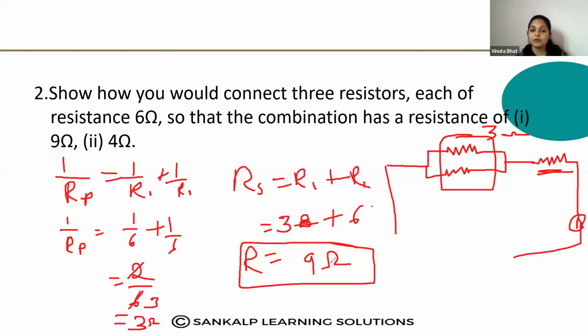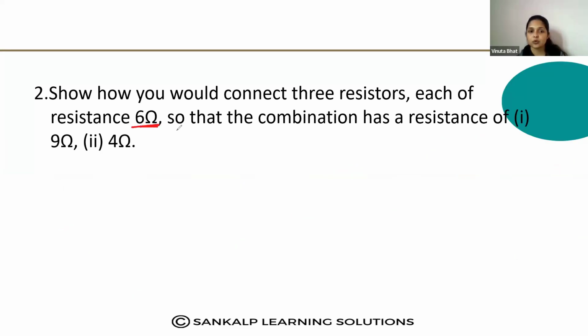And one more thing, how should we get the 4 ohm resistance? Yes. Next, 4 ohm resistance we have to get. Here R1 plus R2 plus R3, each is 6 ohm.